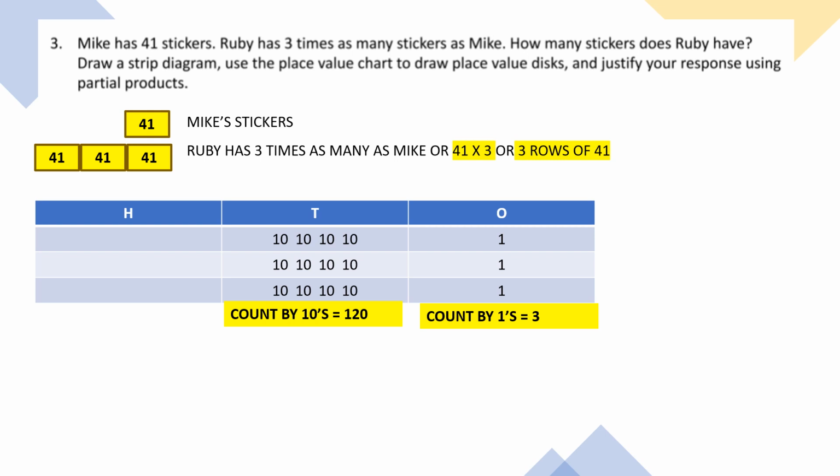So we could combine the total from the tens place, 120, with the total of the ones place, 3, and we'd end up with the equation 120 plus 3, which equals 123.